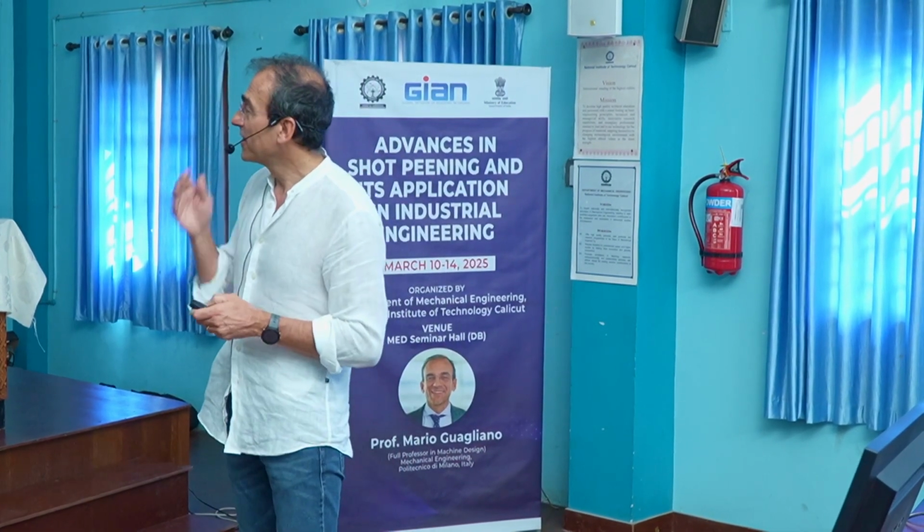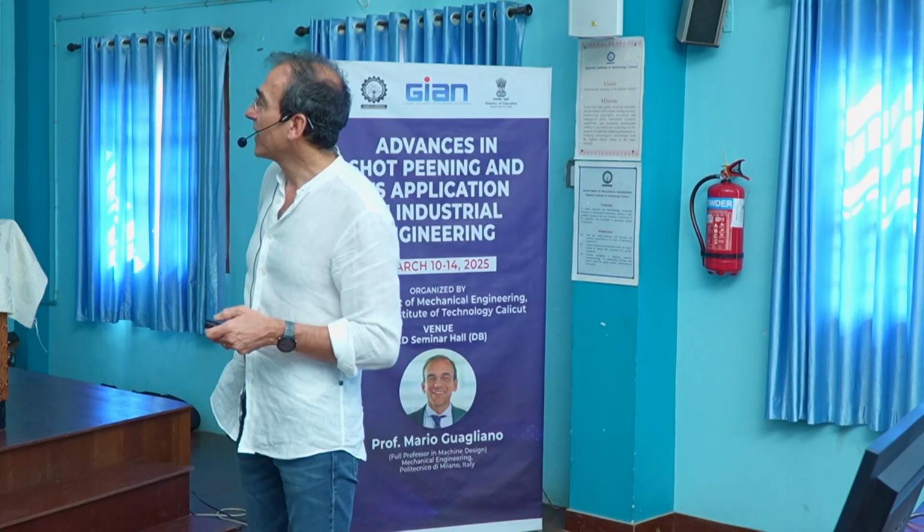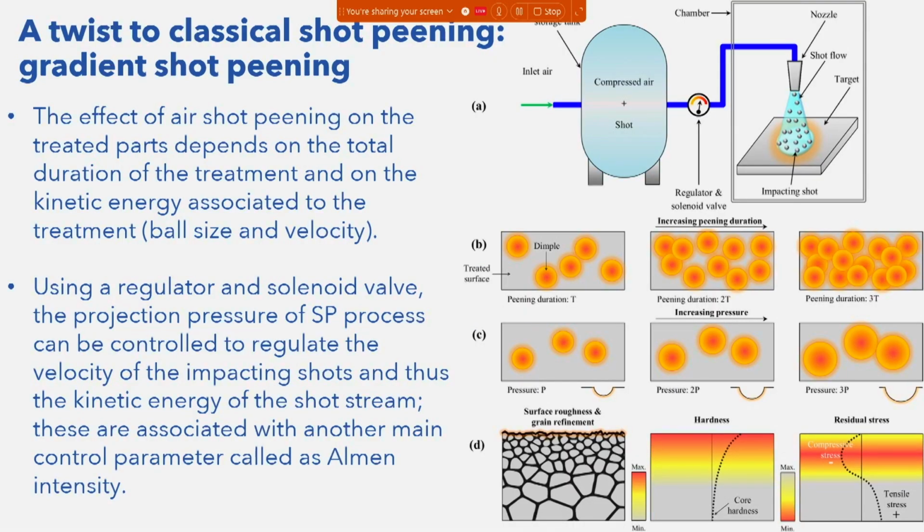But anyway, this is of particular interest for additive manufacturing. And we have called it gradient shot peening. It is a novel way, nothing breakthrough, but anyway, a novel way to apply shot peening, and especially to apply air shot peening.